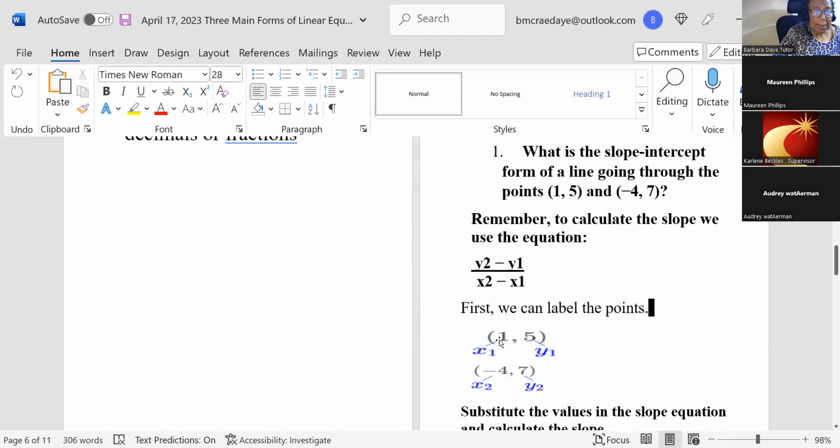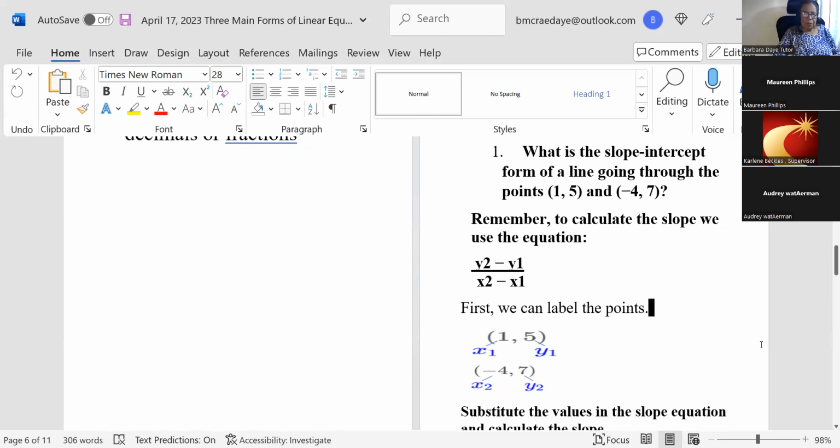Now notice how they're labeled. The 1 and the 5: x1, 1 and y1, 5. x2, -4, y2 is 7. Once you label them, that prevents you from getting them mixed up.